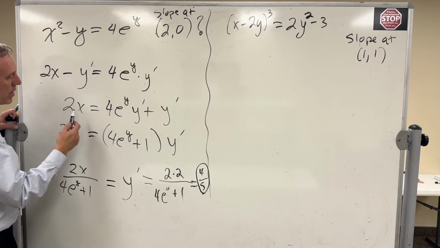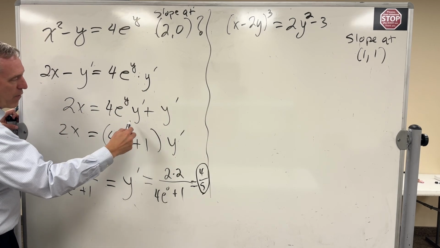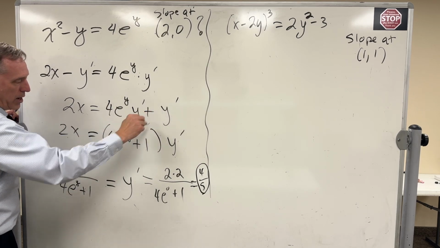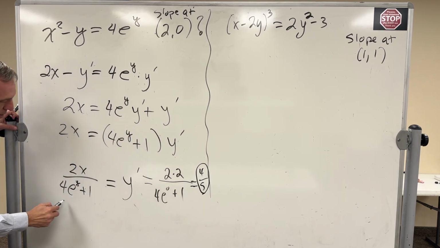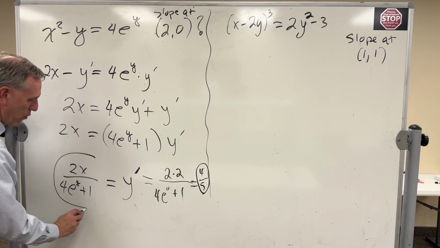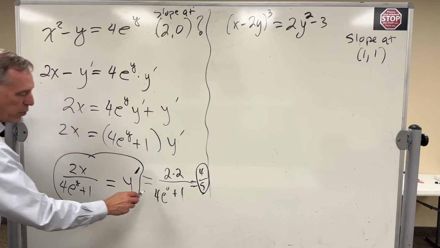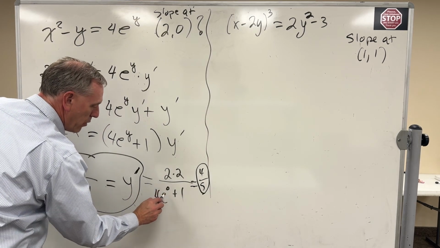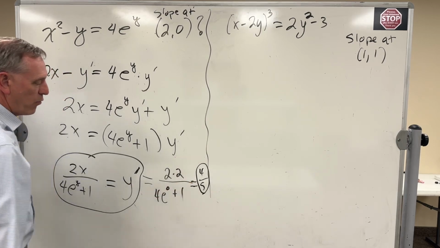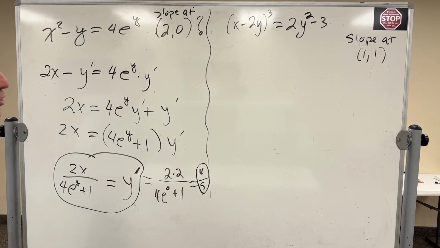Again, we move the y prime over here, factor out a y prime, leaving us 4e to the y plus 1, and then divide both sides by that. Here's our formula for y prime. If we plug in all those values at (2, 0), we wind up with 4/5. All right, so that's the first question.